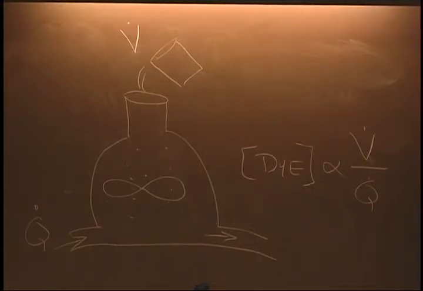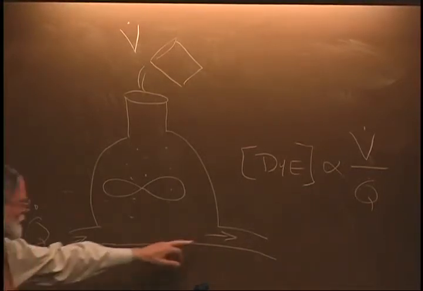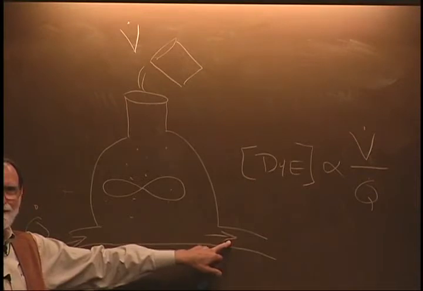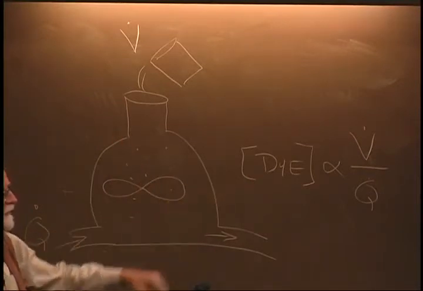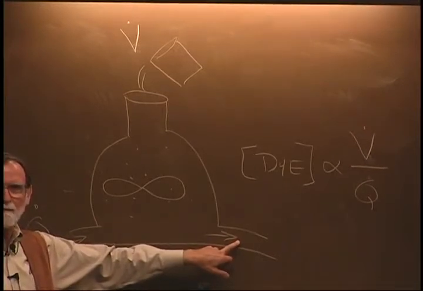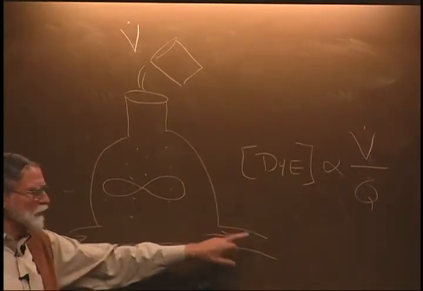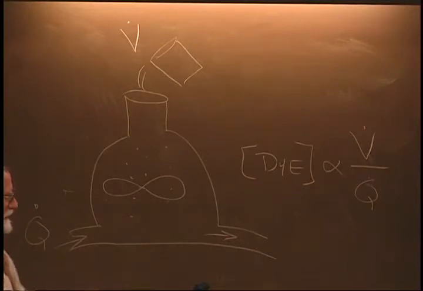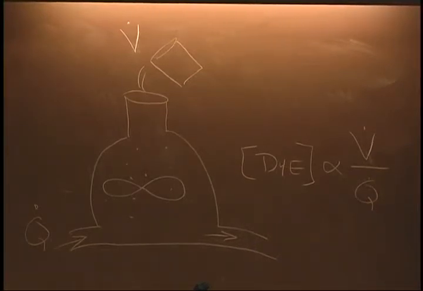Now, if you pour it in faster, it's still going to be leaving this just as fast as you're pouring it in, but the concentration will be higher. And so for every unit volume of water leaving, there'll just be more of the dye in it. So that's essentially how this ratio of ventilation to perfusion affects the concentration of gases in your alveoli.